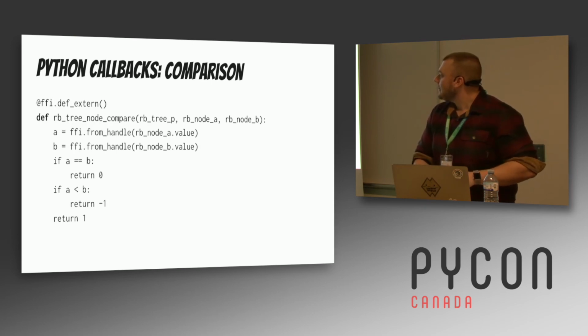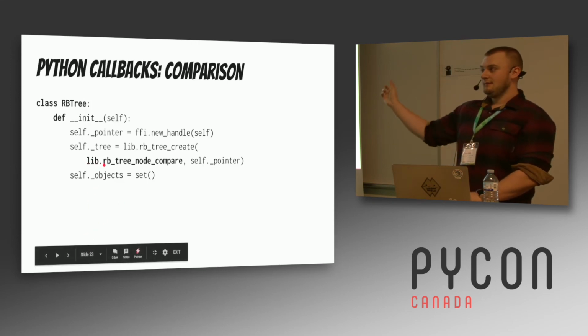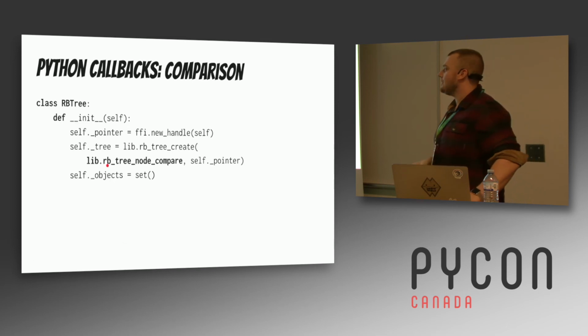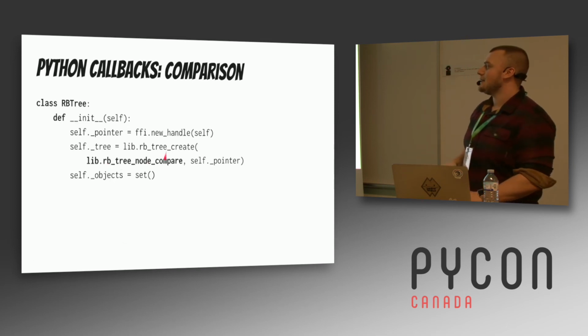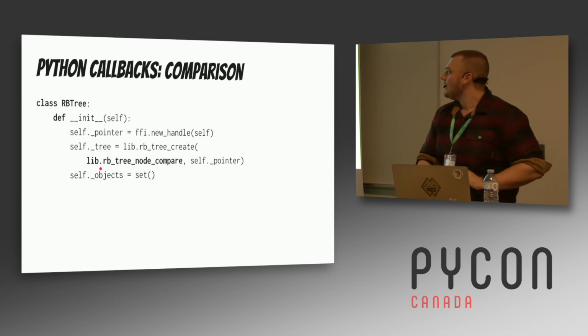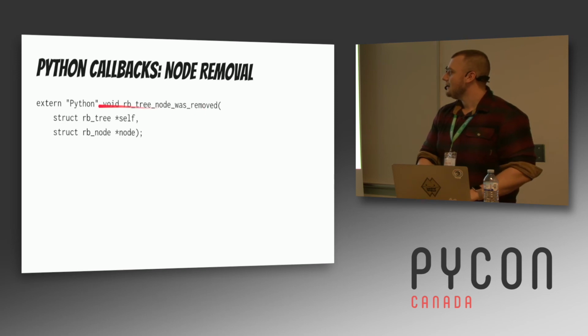And then finally, we just pass the lib.exported function. We pass that as the callback into arbitrary create. So where I previously had a placeholder for the compare callback, we just put that in. And it's a similar one for node removal. So we've got the extern Python here.